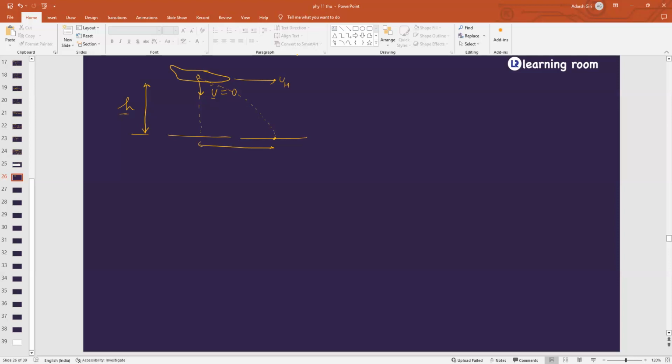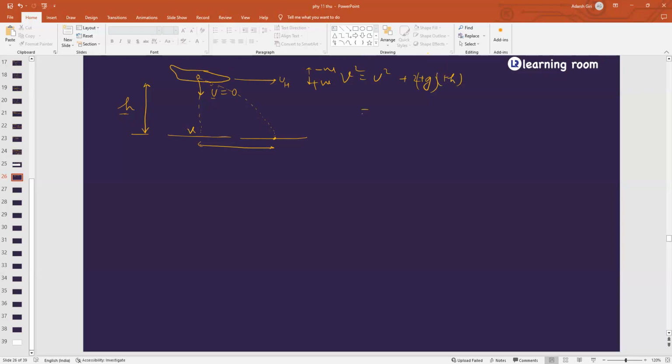Okay, next thing we need to see. Before reaching the ground, he must have a velocity v. So we can use this formula: v square is equal to u square plus 2gh. We'll consider downward as positive, upward negative, so g is positive, and h is also in the downward direction, so it is also positive.